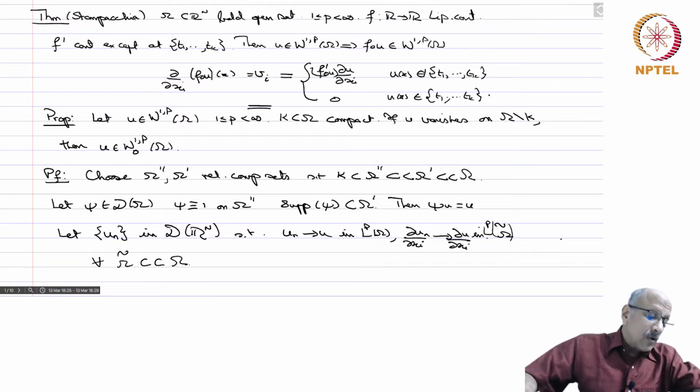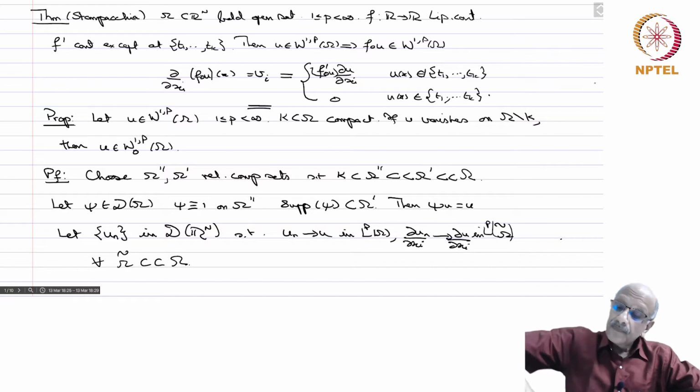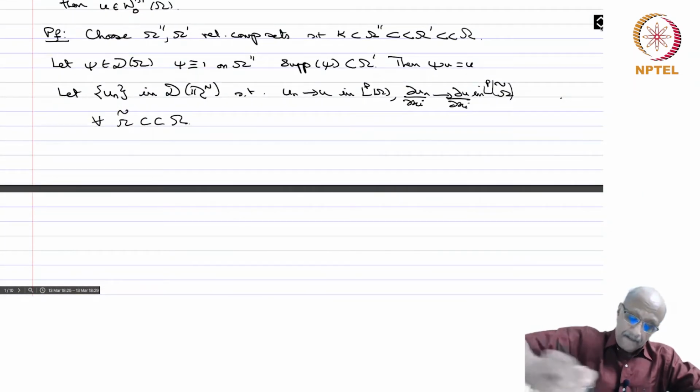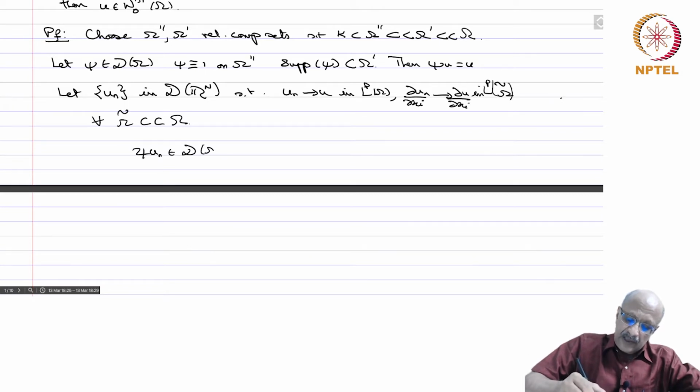So, not for all. Okay. So, then psi u_n belongs to D(Omega), because psi is a C infinity function with compact support, u_n is also C infinity with compact support in R^n.